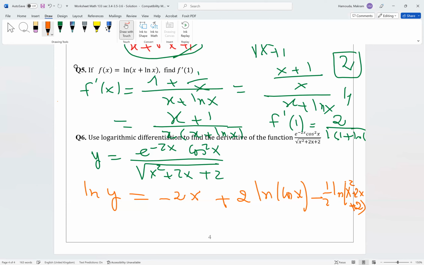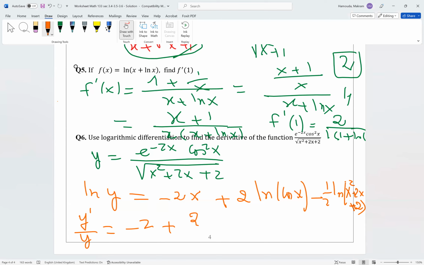Okay, so now when we differentiate, this will give y prime over y, that's the chain rule, equal to minus 2 plus 2 ln cosine, that's the chain rule again here. So there is 2, and this is the coefficient. And the derivative of ln is 1 over x.